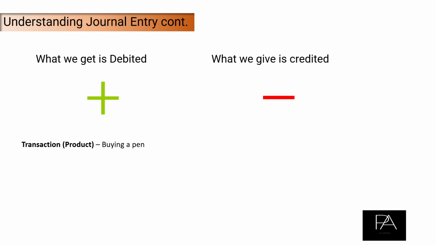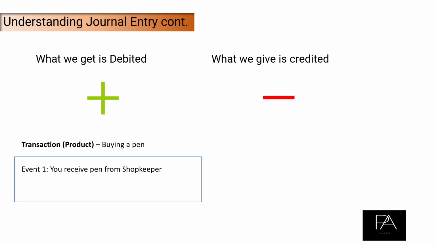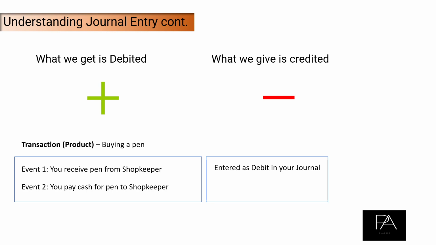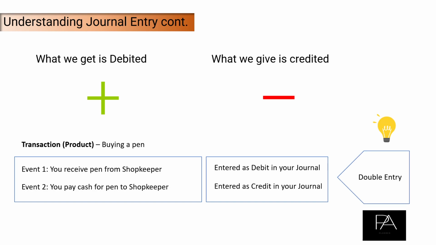So whatever we get is debited. Here we are getting a pen from the shopkeeper and giving cash to the shopkeeper. So the pen will be debited, cash will be credited.